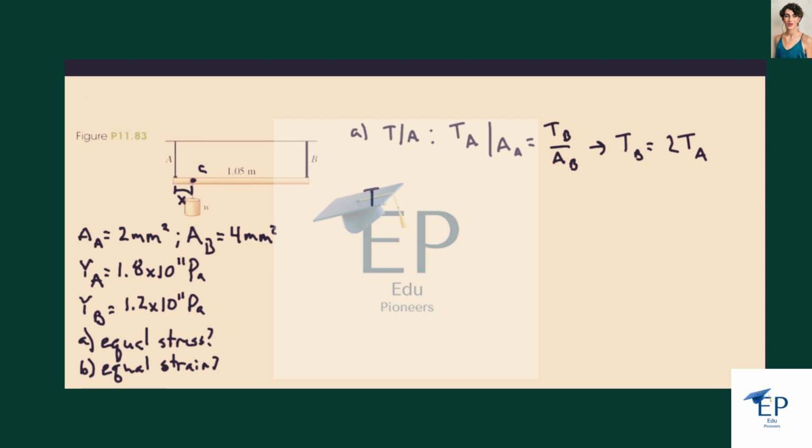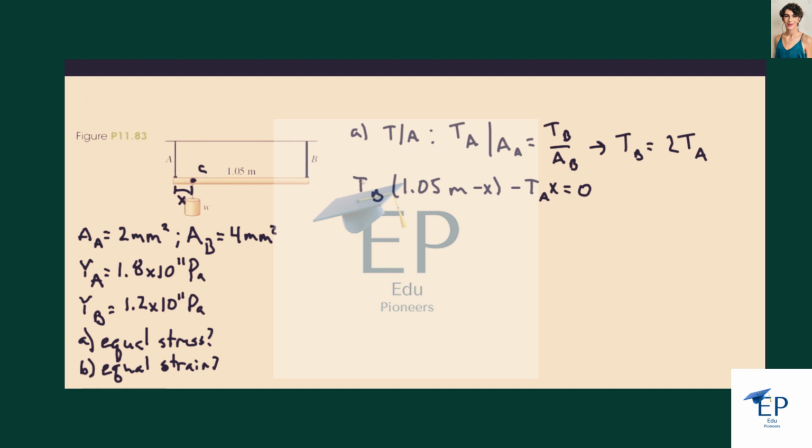And we have the tension at B times 1.05 meters minus x, minus the tension at A times x, equals 0.